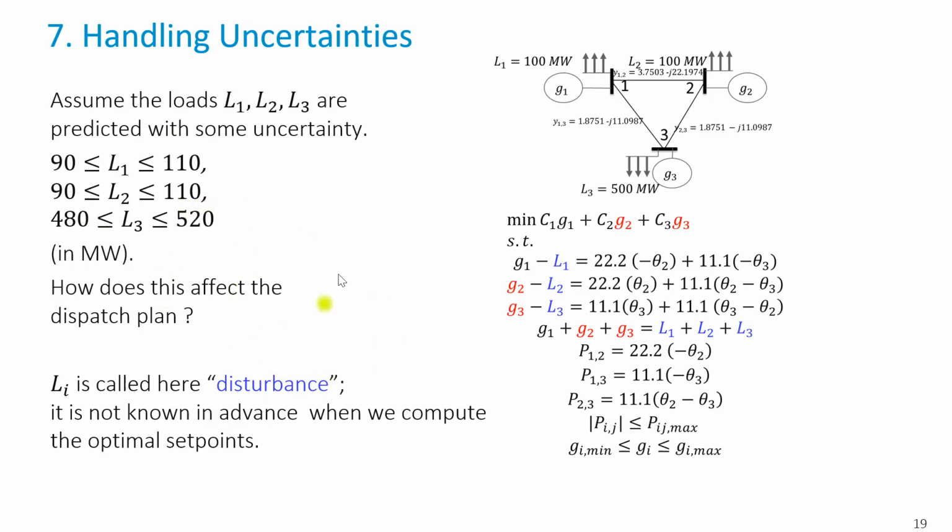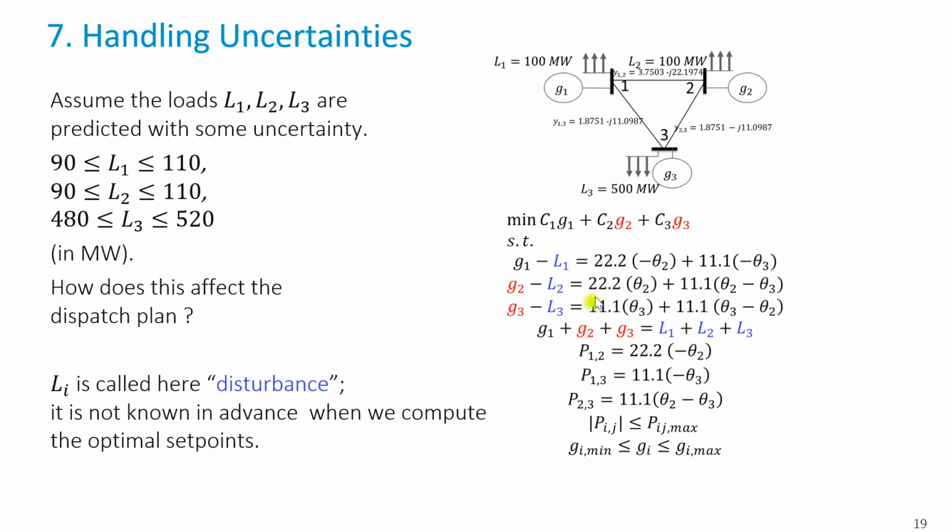So how can we return to the problem we had before? I'm assuming here I need to compute the set points of G1, G2, G3, but now assuming there is some uncertainty. So what can I do? The first thing here is that, of course, I cannot simply take the problem I had before, because the problem I had before had an objective function here and constraints, but we see that the constraints have the uncertain variable.